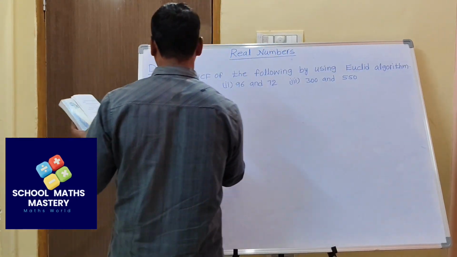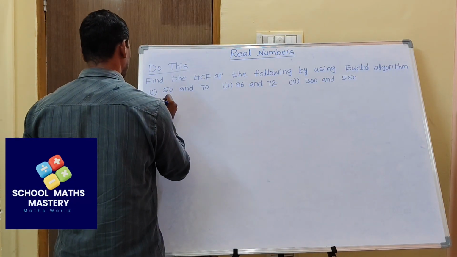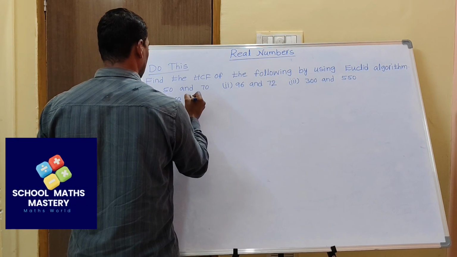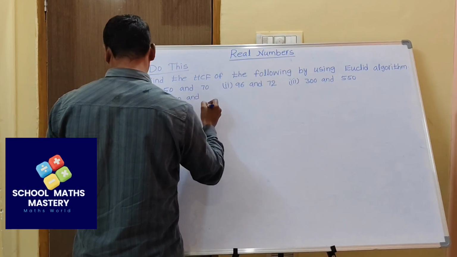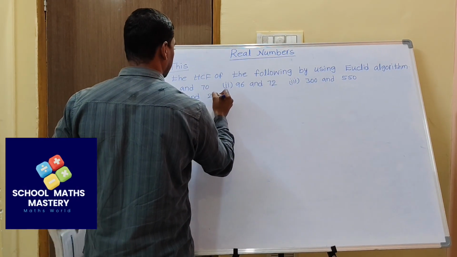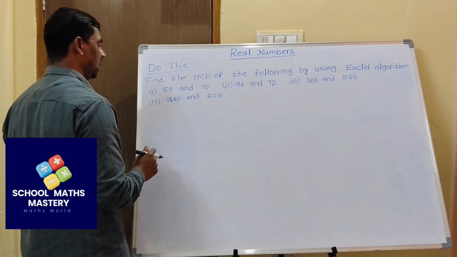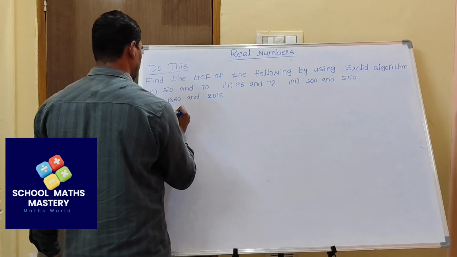Fourth one is 1860 and 2050. Okay, now go with the fourth one, 1860 and 2050.